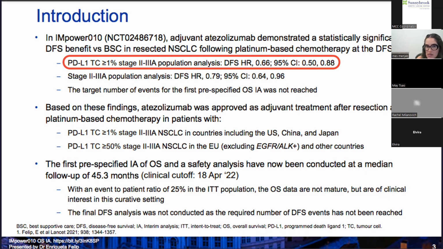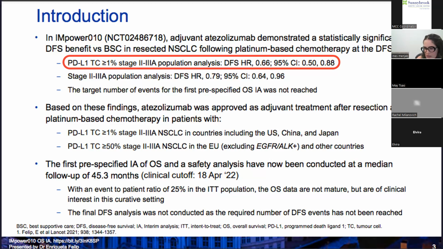The hazard ratio was 0.66. It was statistically significant, and based on this finding, atezolizumab was approved as an adjuvant treatment after resection and platinum-based chemotherapy in patients with PD-L1 equal or over 1% in countries such as the USA, China, and Japan, and for patients with PD-L1 equal or over 50% in Europe and other countries such as Canada.